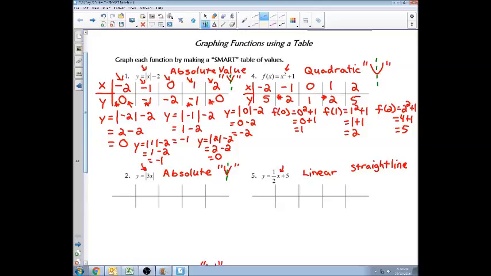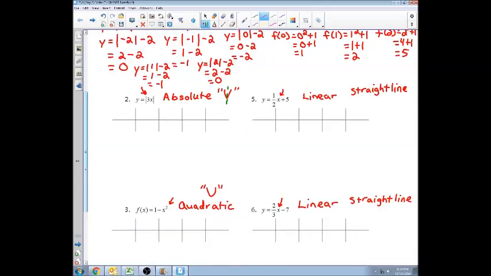Okay? So on down here to number 2. I'm going to do an absolute value. So remember the smart graph. 0, 1, 2, negative 1, negative 2. If I put 0 in for x, my y would equal the absolute value of 3 times 0, which is the absolute value of 0, which is in fact 0.